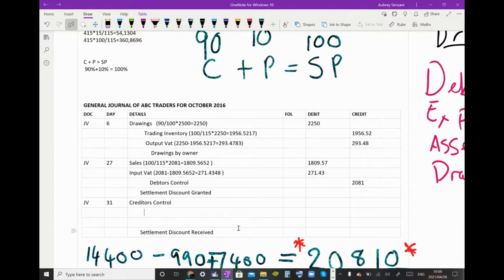Liability. So what are we going to do with output VAT? We're going to credit output VAT. And then finally, equipment is also going down, so we're going to credit equipment.